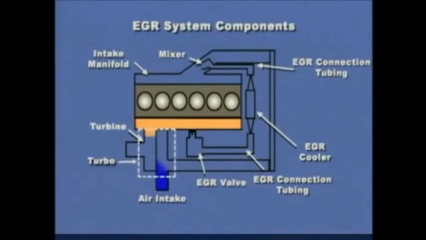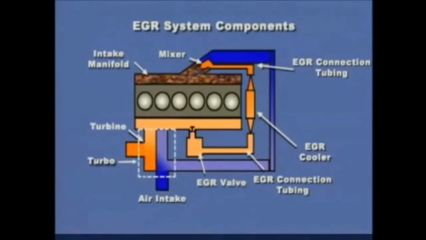In external EGR, or exhaust gas recirculation, there is an EGR valve, an EGR connecting tubing, an EGR cooler, as well as an EGR mixer which is connected to the inlet plenum. If we don't use a cooler here, the recirculated exhaust gas will be at a very high temperature and cause pre-ignition of the fresh charge, which leads to huge back pressure in the piston because of the unusual pressure rise at the wrong time.